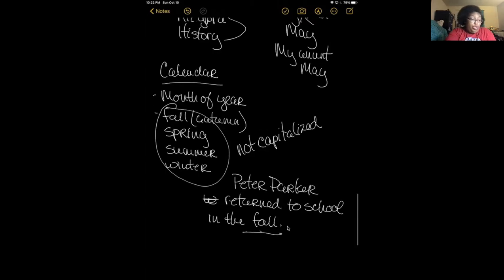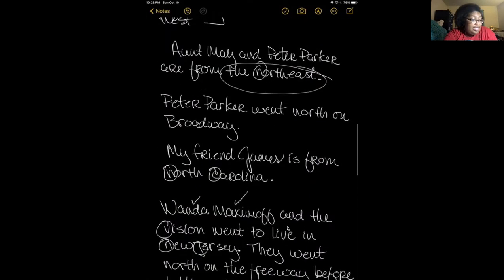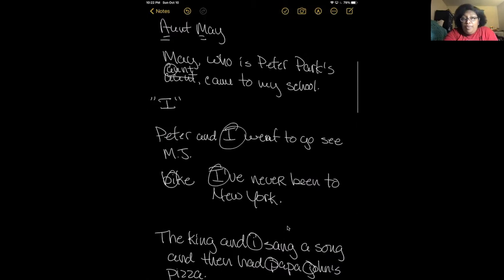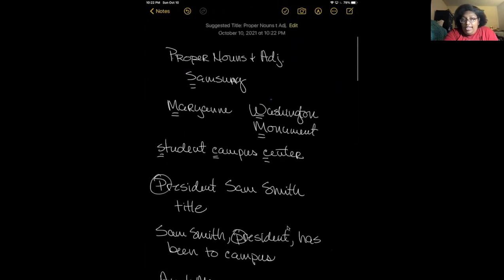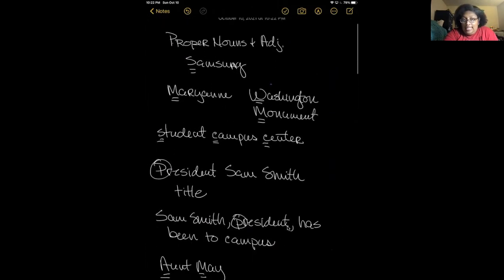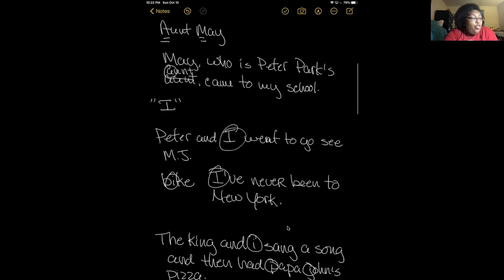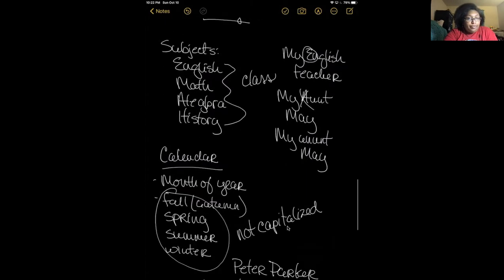Those are the big rules that I see, other than, of course, your basic, let's capitalize the first word in a sentence, right? So the ones that we covered today are the proper noun and adjectives.